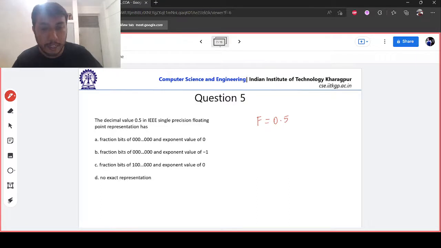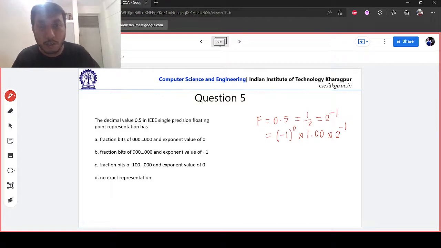We can write it like this: minus 1 to the power of 0 into 1.00 into 2 to the power of minus 1. We can write it like this, simple, because 0.5 represents 1 divided by 2, that is 2 to the power of minus 1. Simple.